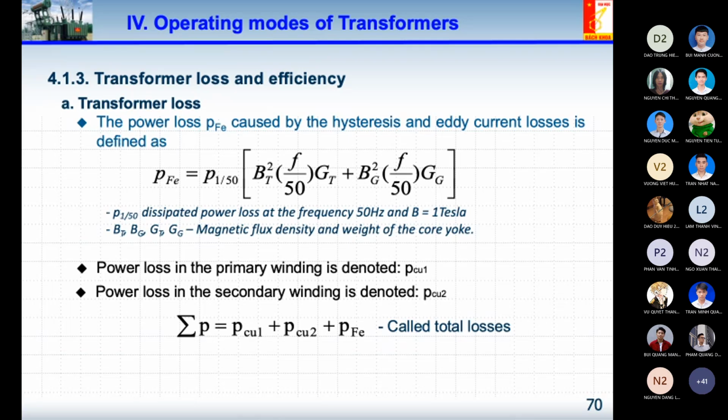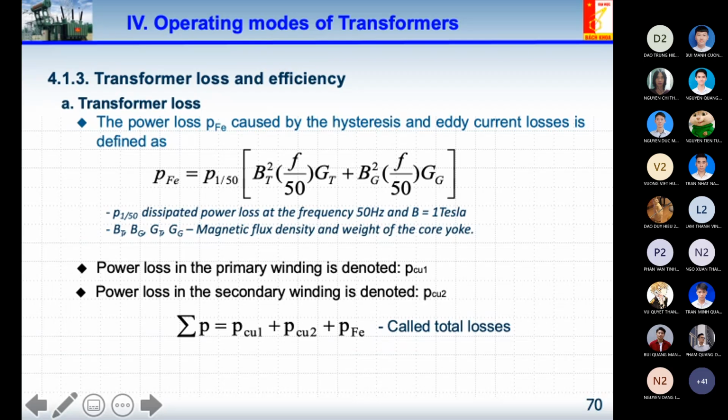And in this expression, you can see some parameters. P1 divided by 50 is the dissipated power loss at the frequency of 50 Hz when the magnetic flux density is equal to 1 Tesla.